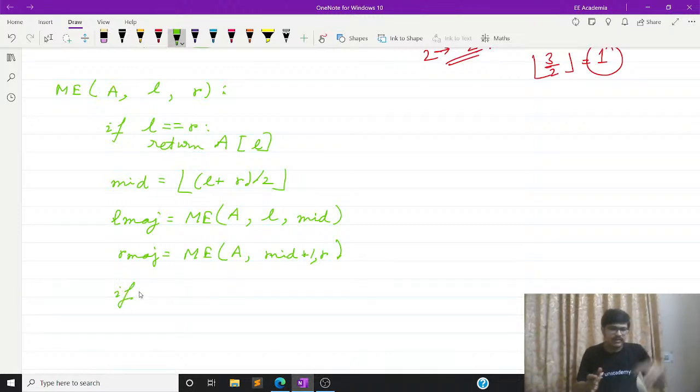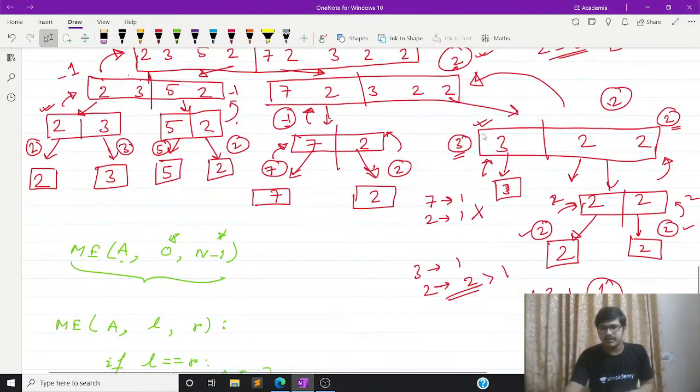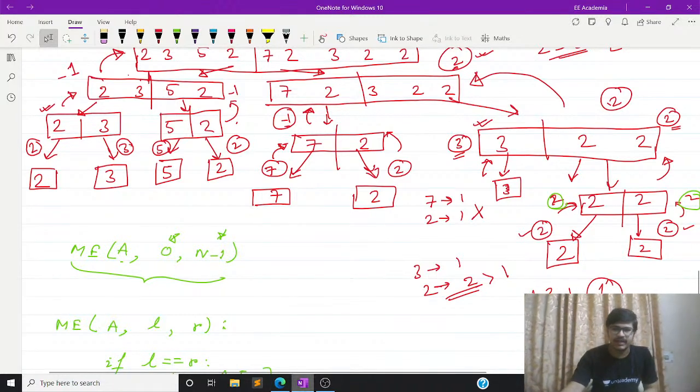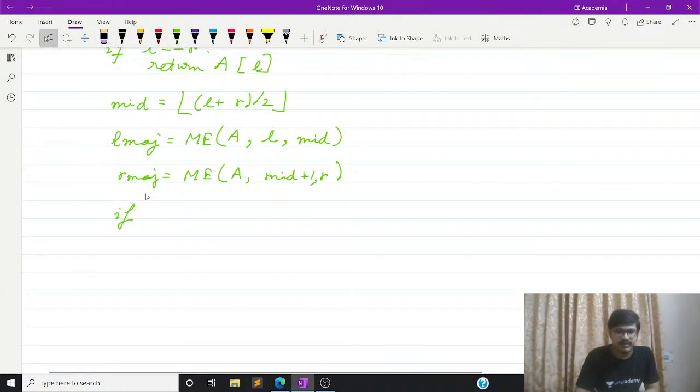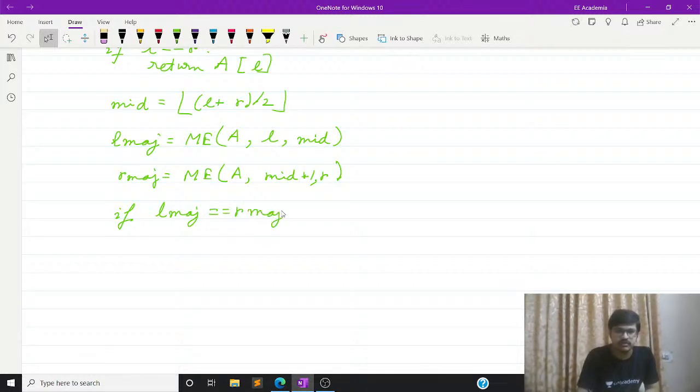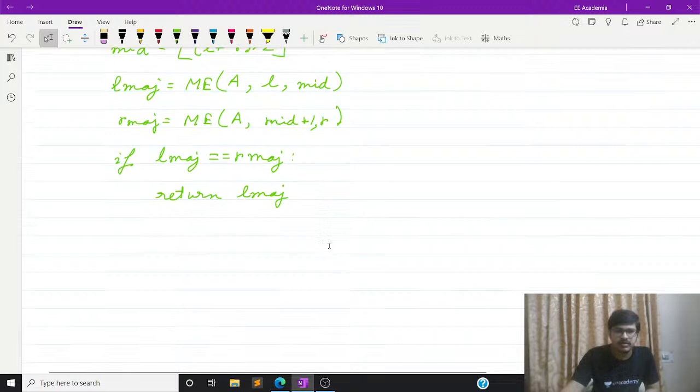If the majority element in the left half and the right half is the same, that means the case which we saw here, both the majority elements from the left half and the right half are the same. That means it is indeed the majority element in our current array. So if left majority equals right majority, I can indeed say that this element is the majority element.